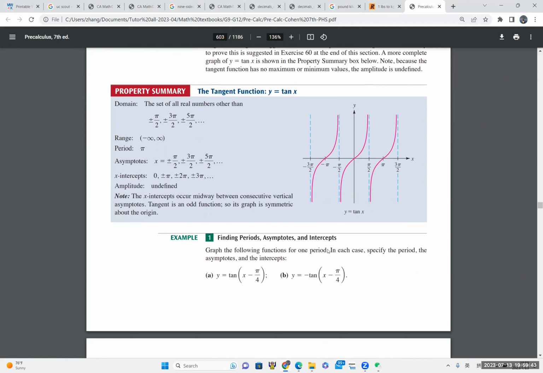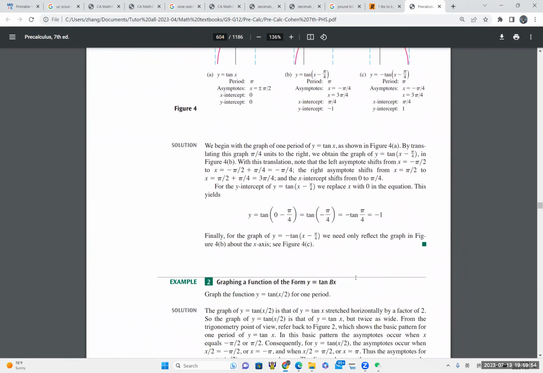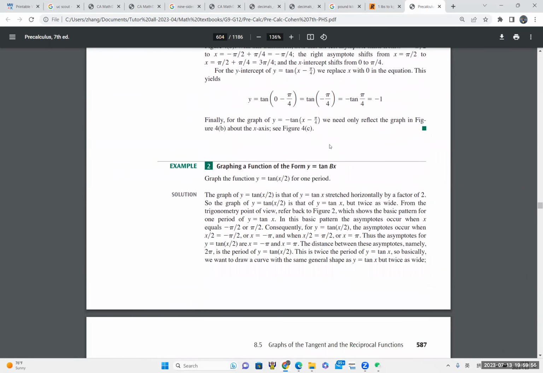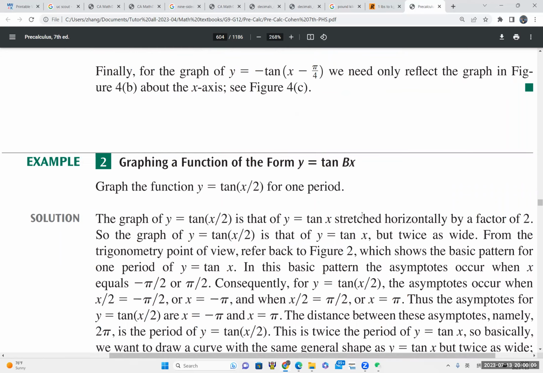That's for tangent. Make sure you know the domain and range. Then transformation: tangent of b x, so the new period will be pi over b, right?